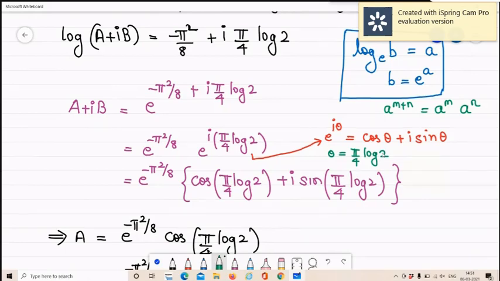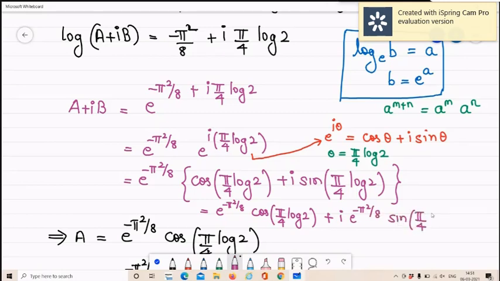Is that clear? After that, if you want, one more step can be written here. That is, you can open the bracket. You can actually open the bracket. So you will get e raised to this part. And we know that whatever is there with I becomes the imaginary part and the other becomes the real part.